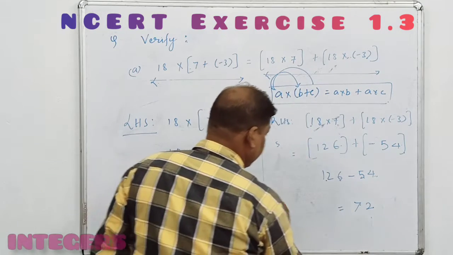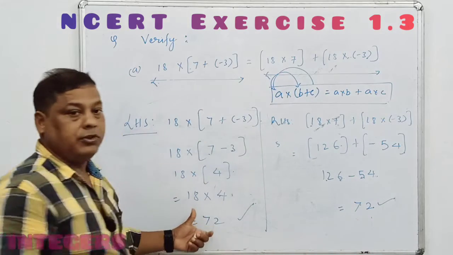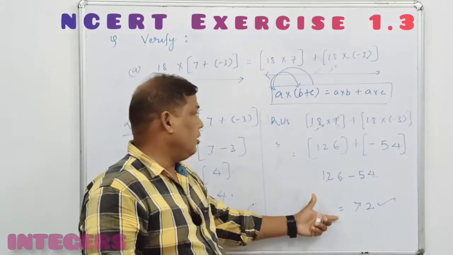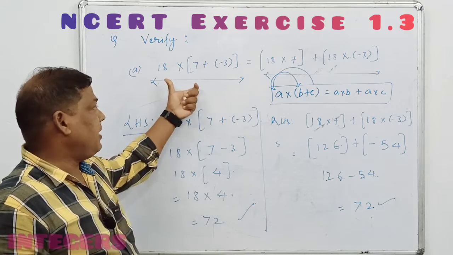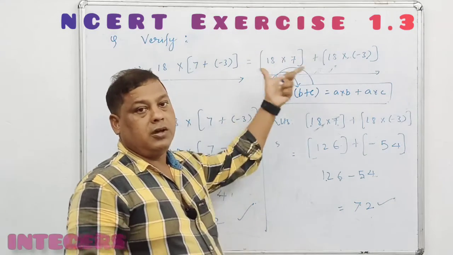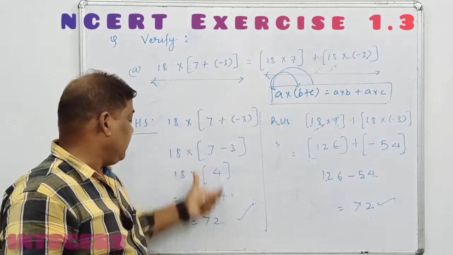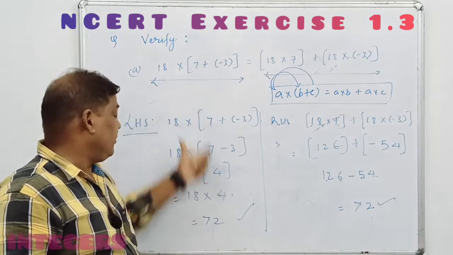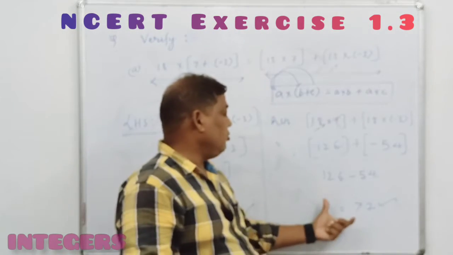So on the LHS side and the RHS side, both values are equal. Because on the LHS side the result is 72, and on the RHS also 72.